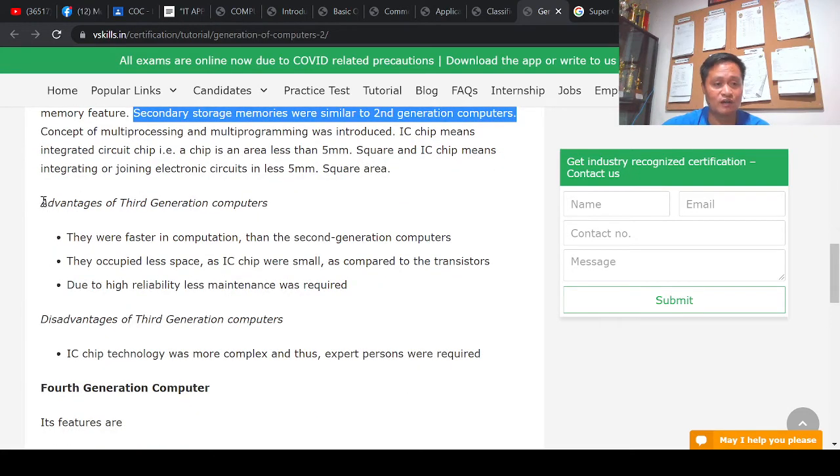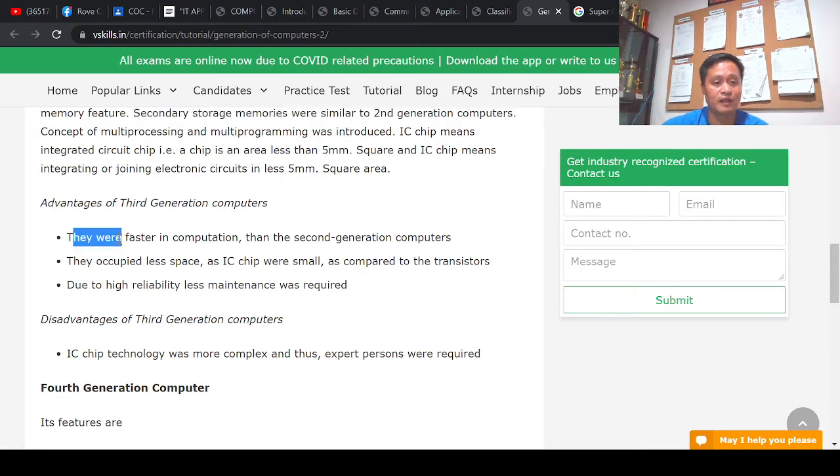Now let's look at the advantages of the third generation. There are three. They were faster in computation than the second generation computers. They occupied less space because IC is smaller than a transistor. And due to high reliability, less maintenance was required. Smaller chips produce less heat and, of course, less maintenance.